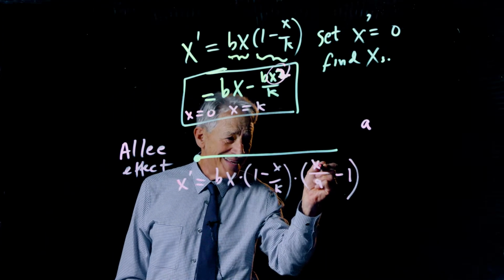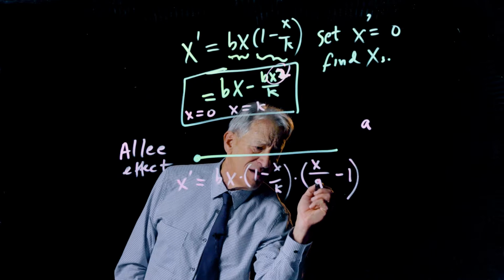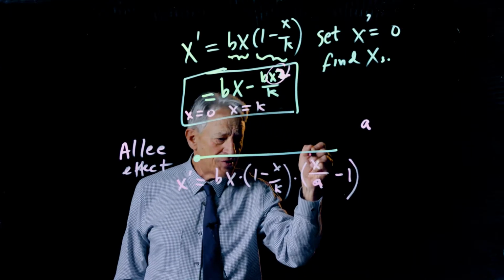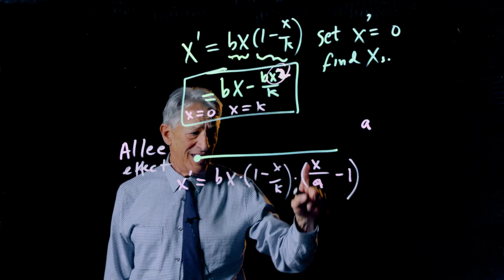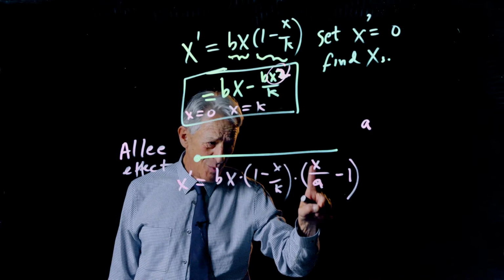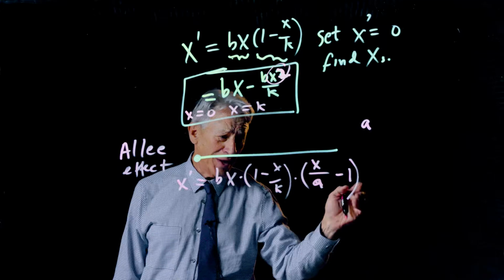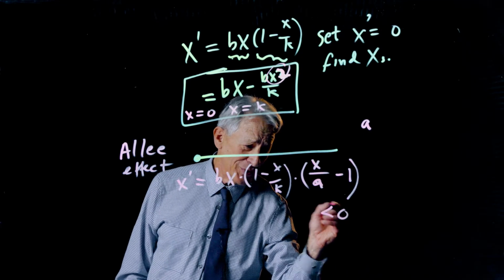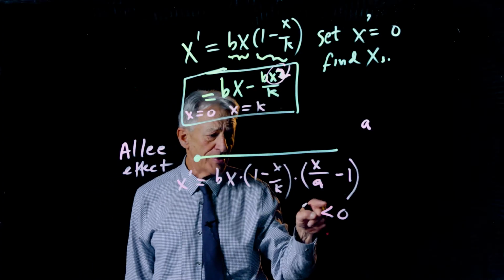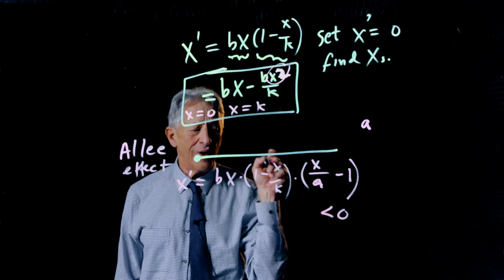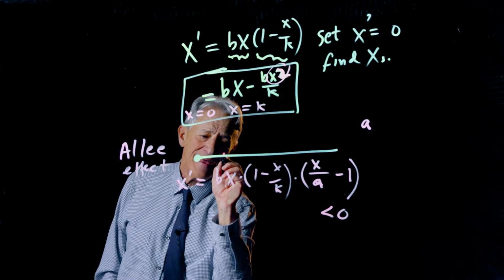If x is less than a, then x over a is less than 1. If this expression is less than 1 and you are subtracting 1 from it, it is going to be negative. So this term is going to be negative whenever x is less than a.